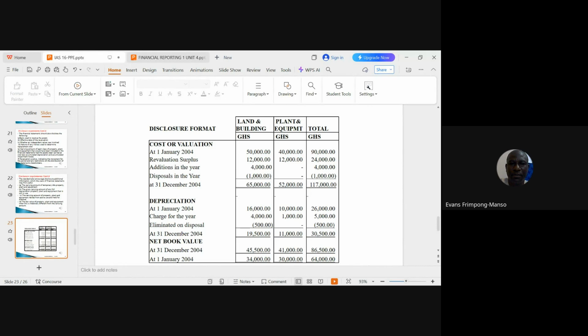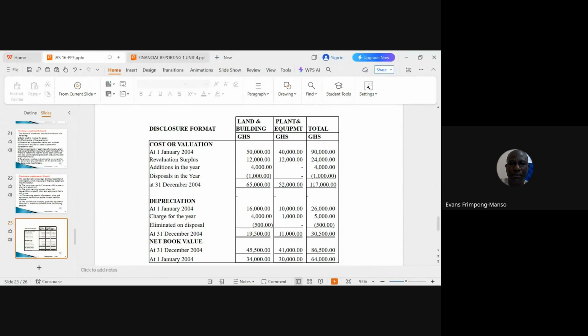Then, the same way, we look at the depreciation. Depreciation at the beginning of the year. Depreciation that you provided during the year. If you sold some assets, the depreciation on the part of the asset that you have sold must be deducted. And you can get depreciation at the end of the year. So now you have two figures: the cost of the asset at the end of the year, and the accumulated depreciation at the end of the year.